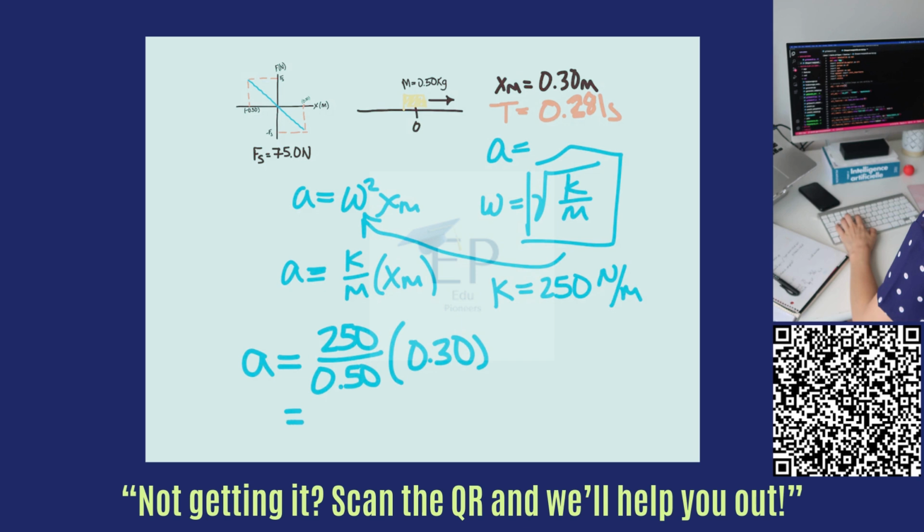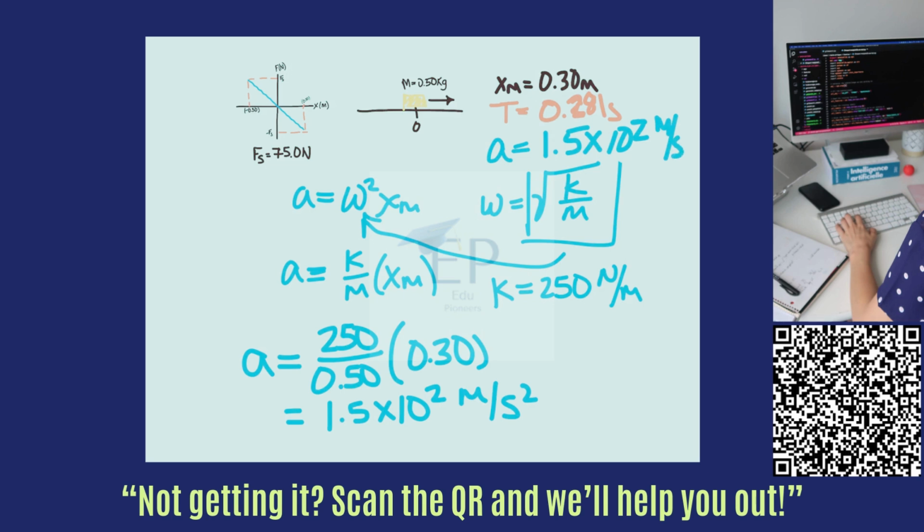And we get that that equals 1.5 times 10 to the second meters per second squared. So our acceleration is going to be 1.5 times 10 to the second meters per second squared.